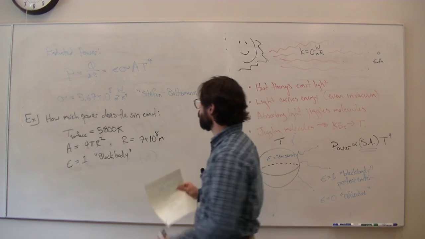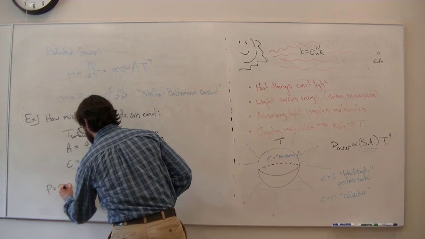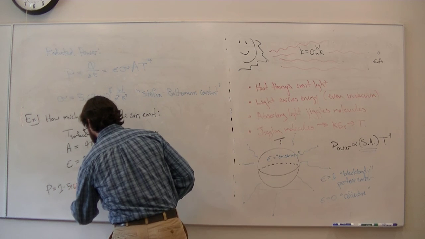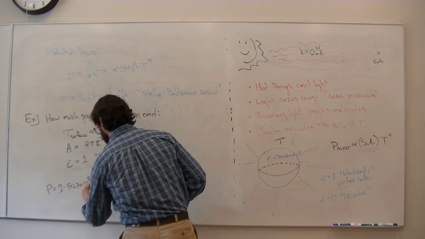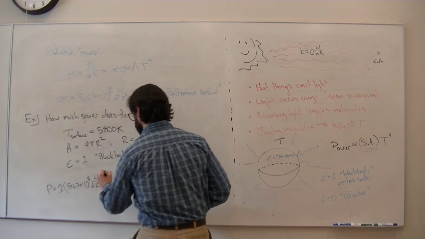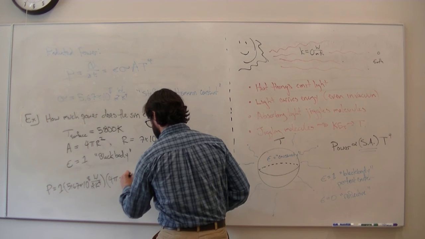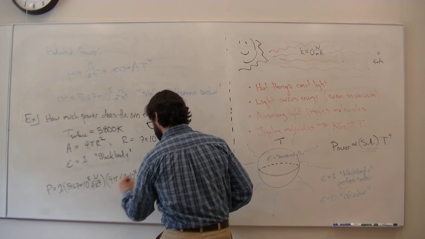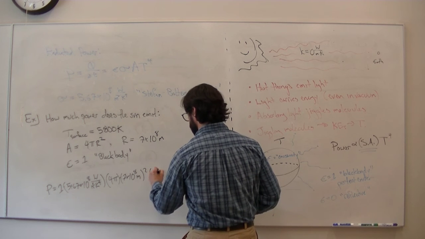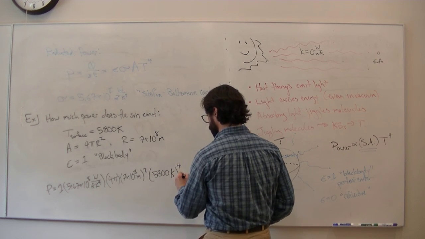So then we have everything we need. The power emitted by the sun is 1 times 5.67 times 10 to the minus 8th, units of watts per meter squared Kelvin to the 4th power, times 4 pi times 7 times 10 to the 8th meters, quantity squared, times 5,800 to the 4th.